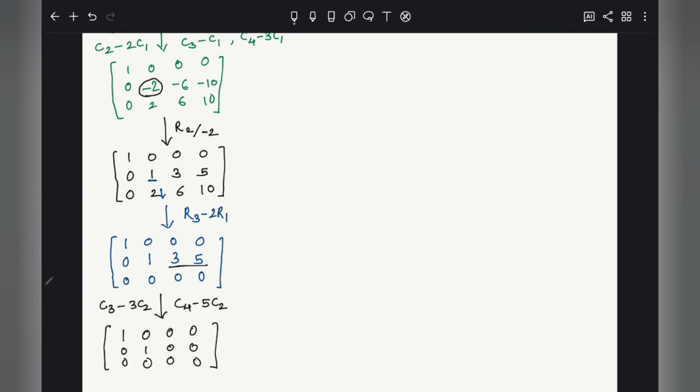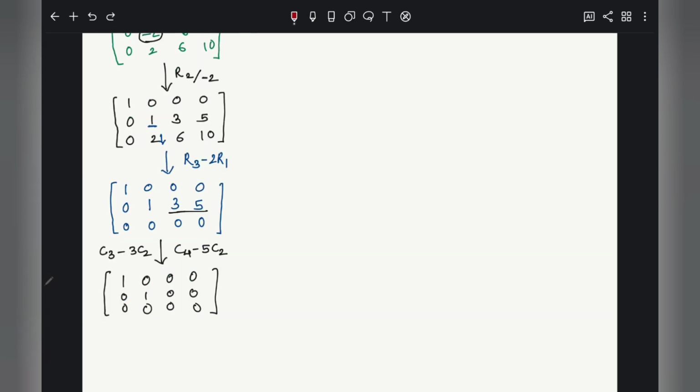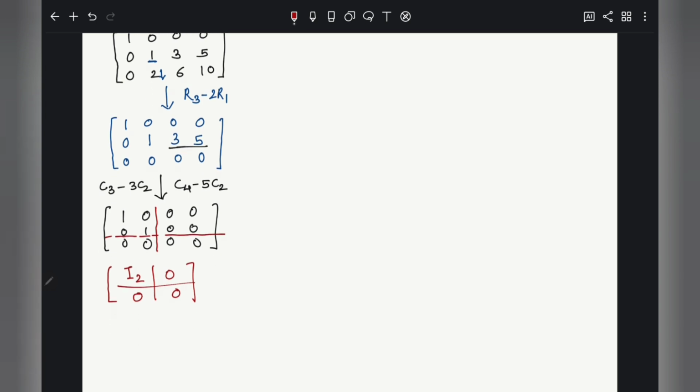Do you see that our matrix has got converted to something similar to an identity? If you note, you have got I2, and all the extra entries are 0. So you have got a 2 cross 2 identity matrix. We write that the rank of the given matrix is 2. This is called the normal form.